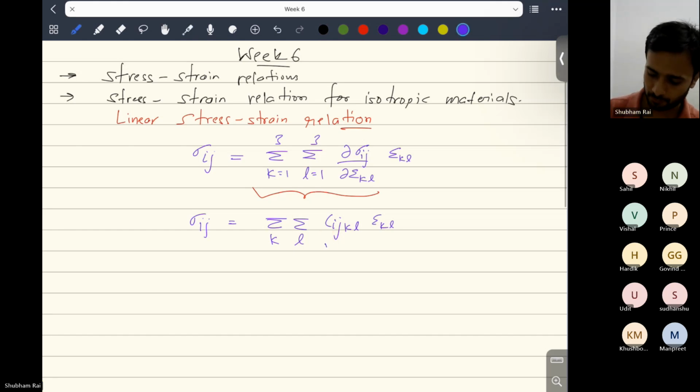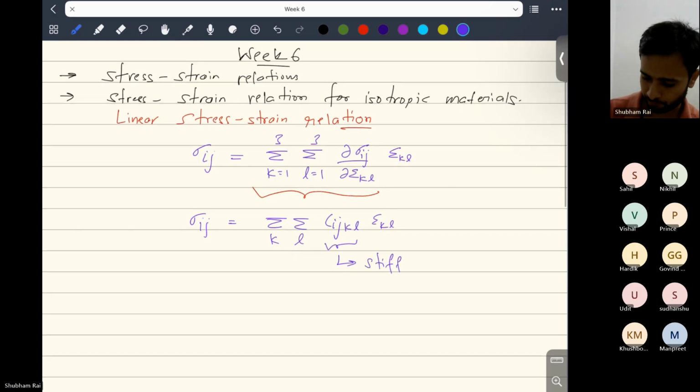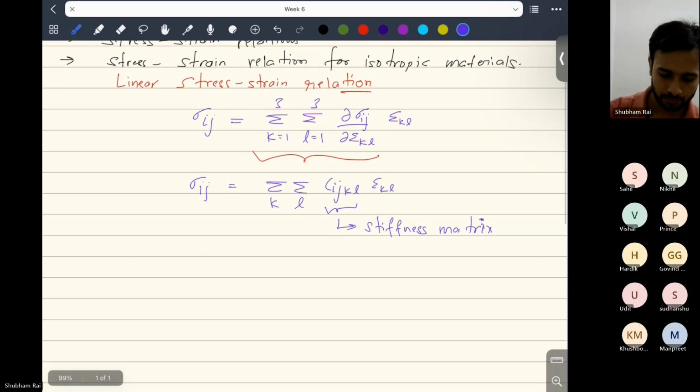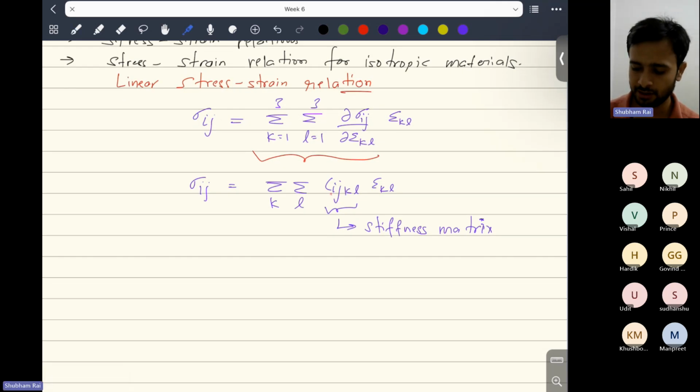We just call it the stiffness matrix. Now, since there are four indices present in C, it is a fourth order constitutive tensor.